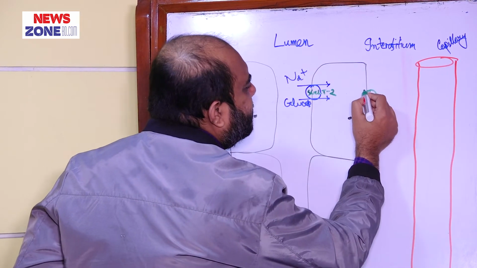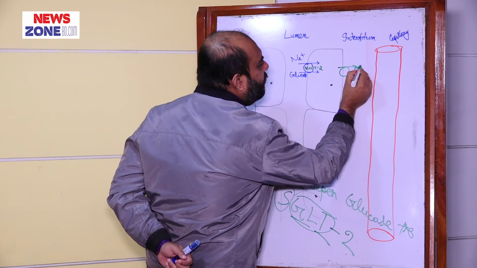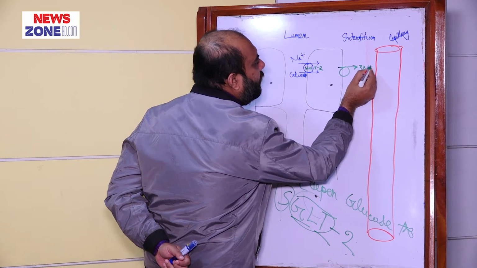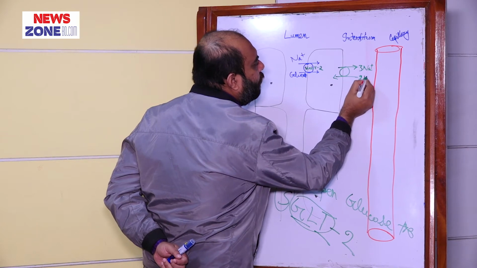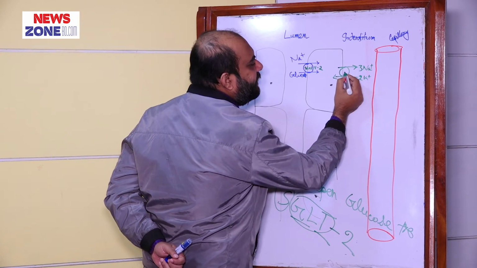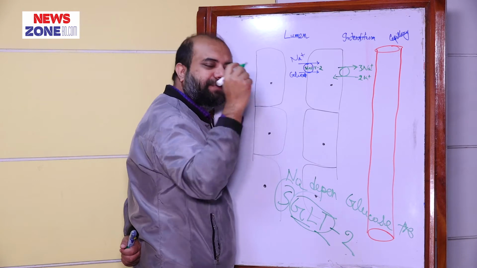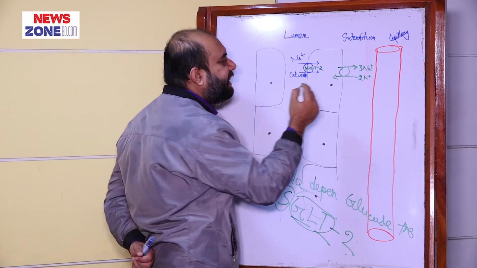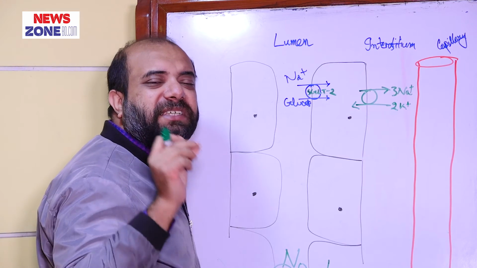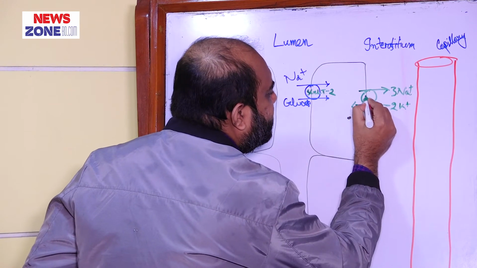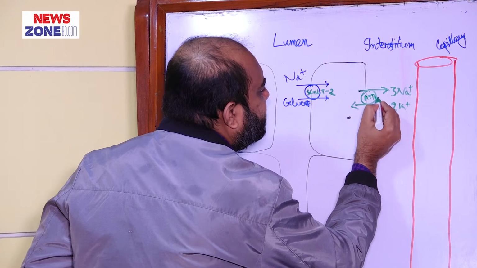It has three binding sites for sodium ions and two binding sites for potassium ions, and energy is expended here directly by the presence of the sodium potassium ATPase enzyme.